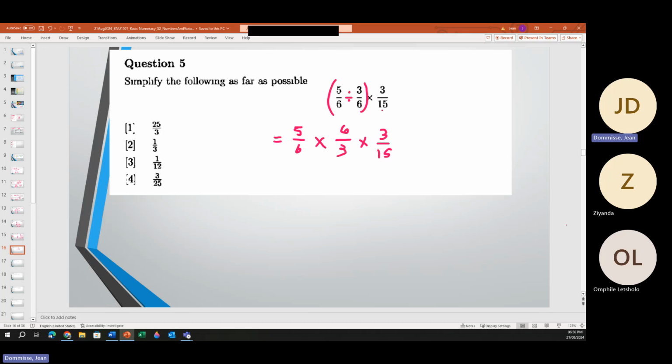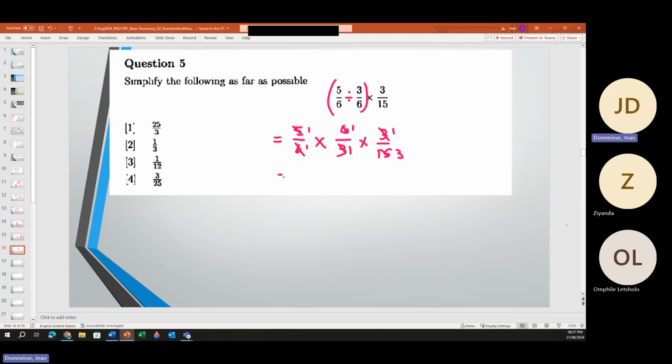So rather prompt it with saying 5 over 6 divided by 3 over 6, get the answer, and multiply by 3 over 15. But if we do it on paper, you are allowed to change the division to multiplication, and then we swap it around to 6 over 3, and then I can start simplifying. So I can say, well, cool, 3 goes into 3 once, 6 goes into 6 once, 5 goes into 5 once, 5 goes into 15 3 times.